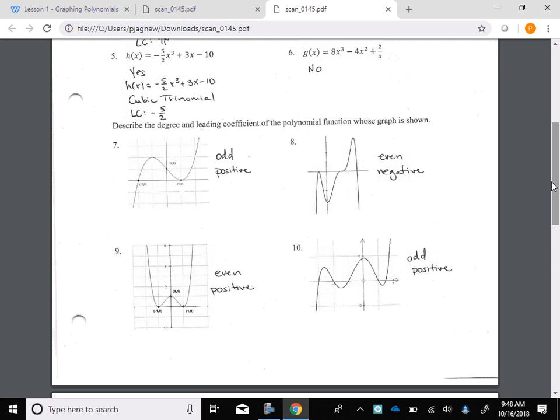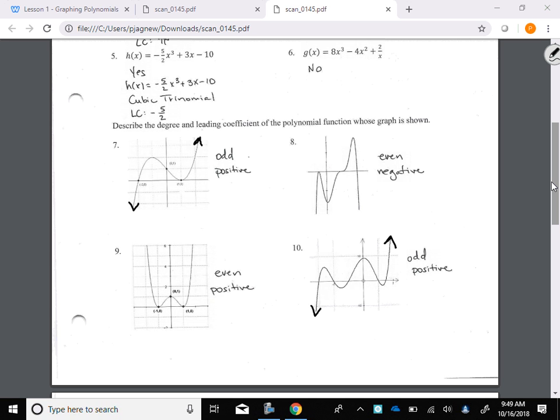So that means the degree is odd. And then it just depends, like for number 7, because the left side's going down and the right side's going up, that's a positive leading coefficient. And then number 10, same thing. It's going from down to up, so that would be a positive leading coefficient.